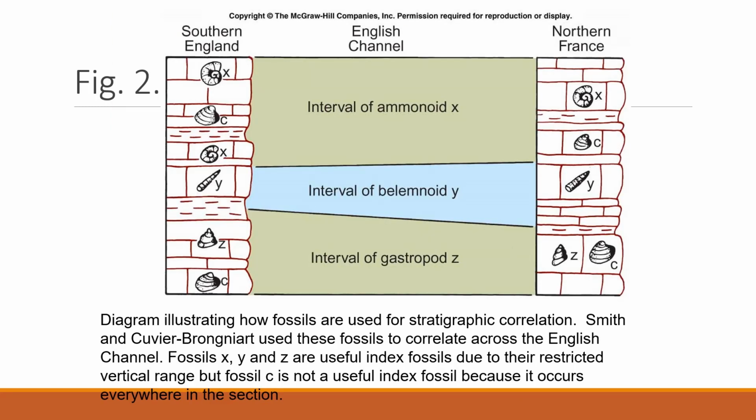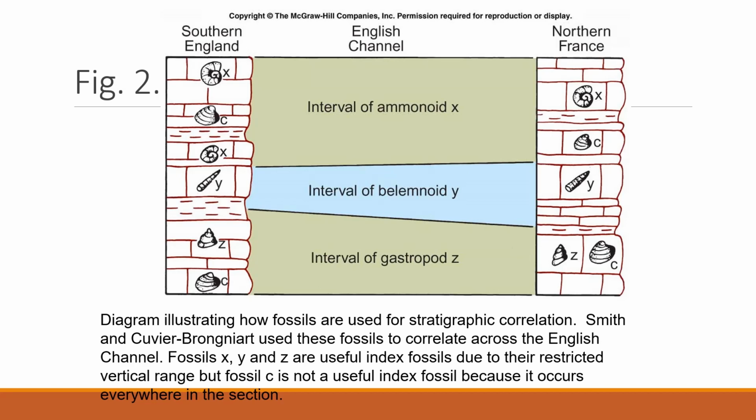Again, this is a useful tool to see: are we missing rocks? Can we look at rocks from two different locations to try to get a better stratigraphic record? This example is across the English Channel. We're looking at rocks in southern England and northern France.